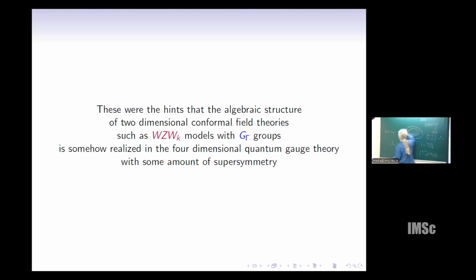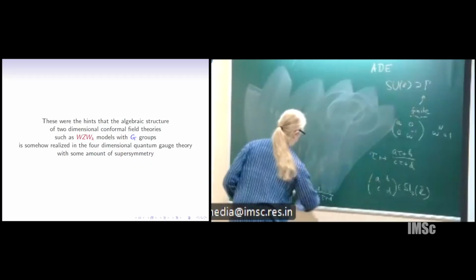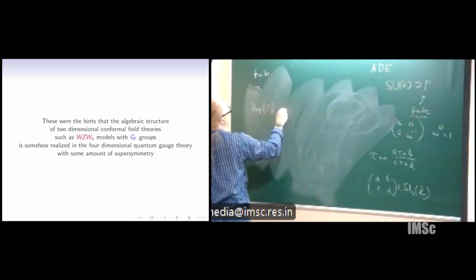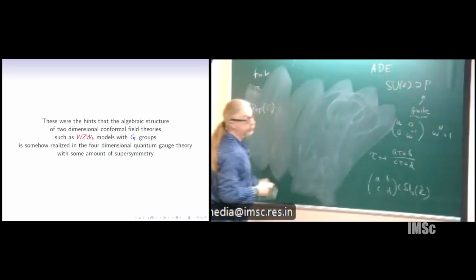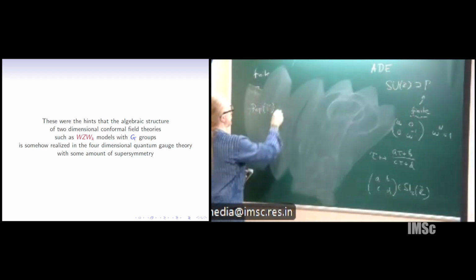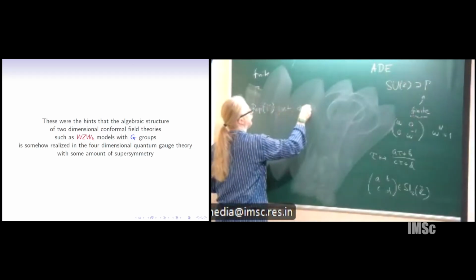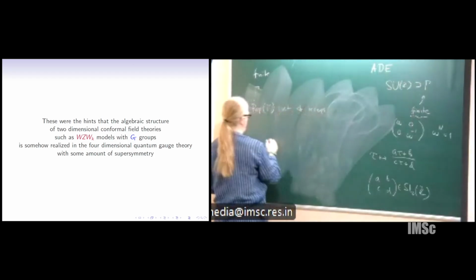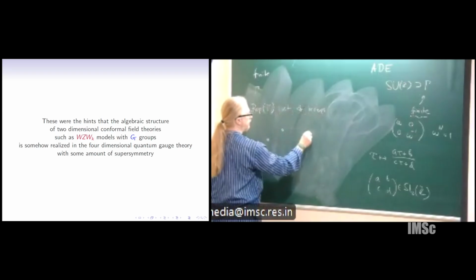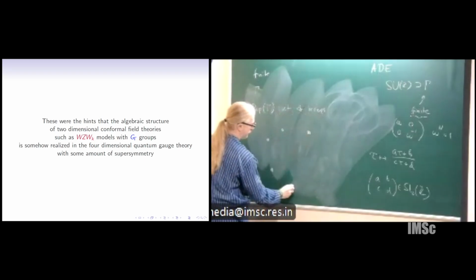The way McKay constructed it was the following. If you have a group gamma, a finite group, you look at the set of its irreducible representations and you just picture them as points.